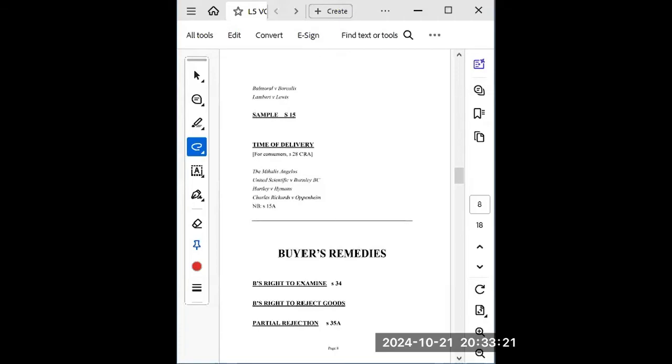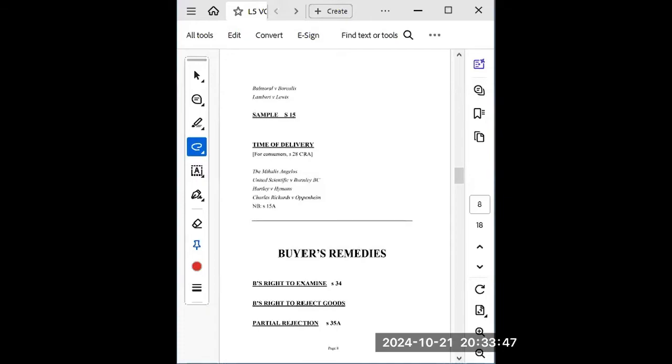Compare that to a consumer situation. If the acceptability test exists, and remember, it's been severely criticised, it is very much restricted in a consumer situation. Case authority: Shine v General Guarantee. The buyer bought a second-hand sports car from the dealer. There were loads of problems.